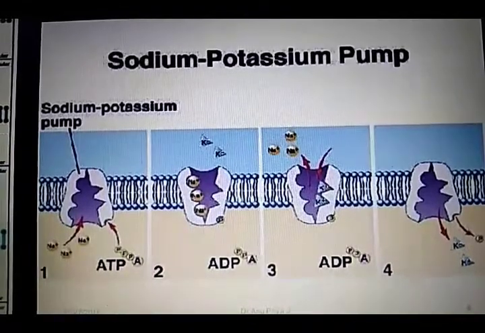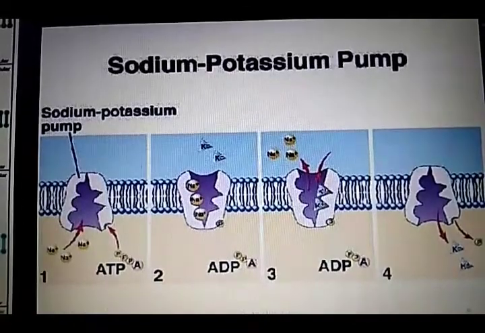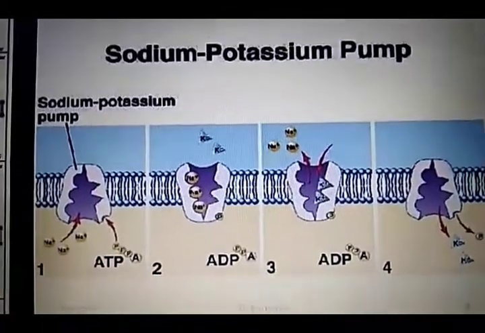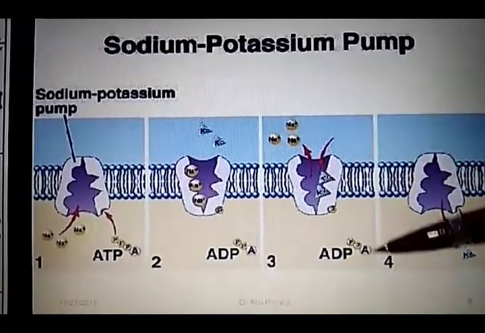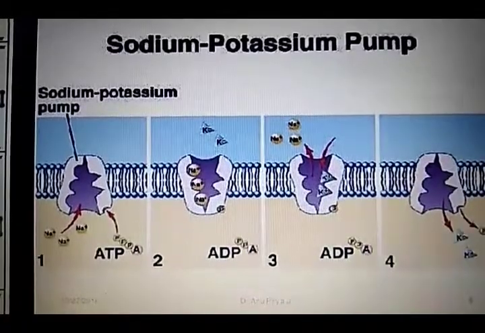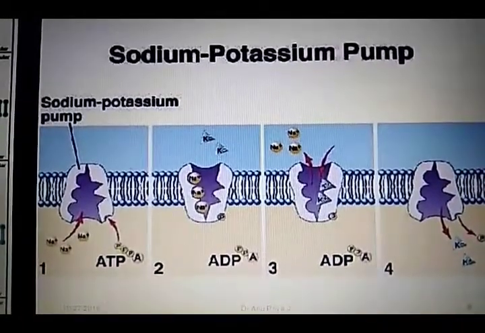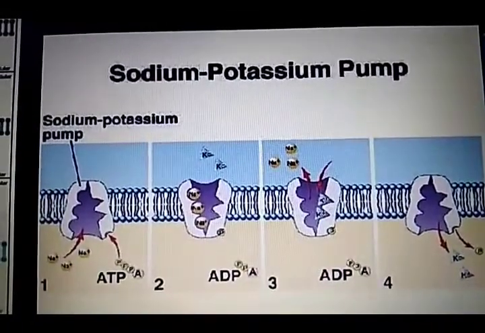This causes dissociation and release of ions, so that sodium ions are released outside the cell and the potassium ions are released inside the cell. Sodium ions get outside the cell while potassium ions get inside the cell. The exact mechanism, however, is not yet known, but this is the basic mechanism of the sodium potassium pump.